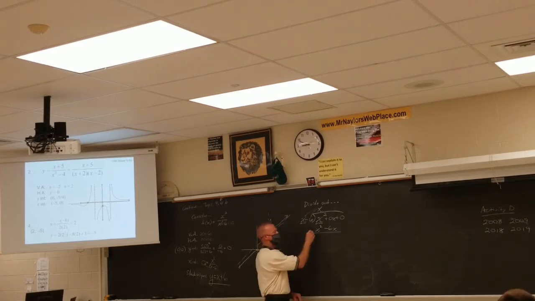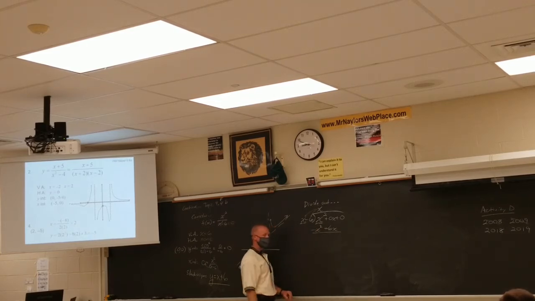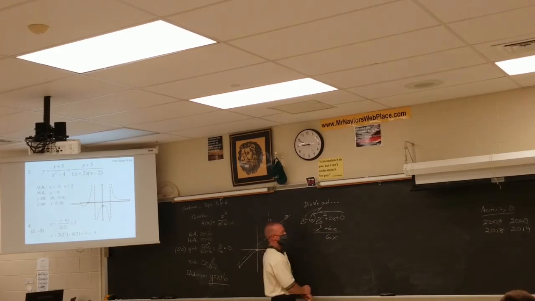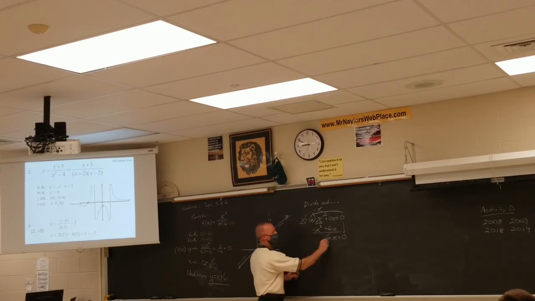Remember when we talked about this, you have to subtract right here. But I always like to teach kids that that means you're actually changing the sign. You're subtracting everything. So I like to change the sign. And what do you multiply? You bring that 0 if you want. What do you multiply this x by to get this 6x?